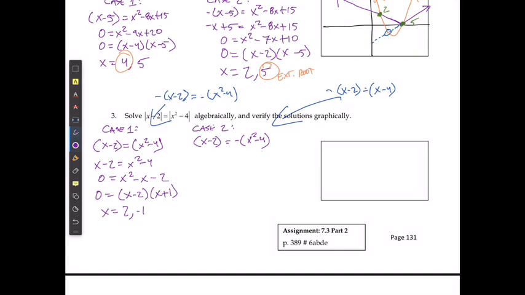For the second case, I'm going to state that if x minus 2 is equal to negative x squared plus 4, then x squared plus x minus 6 is going to equal 0, and I'm going to get x plus 3 and x minus 2 is equal to 0. So here x would either equal negative 3 or positive 2.